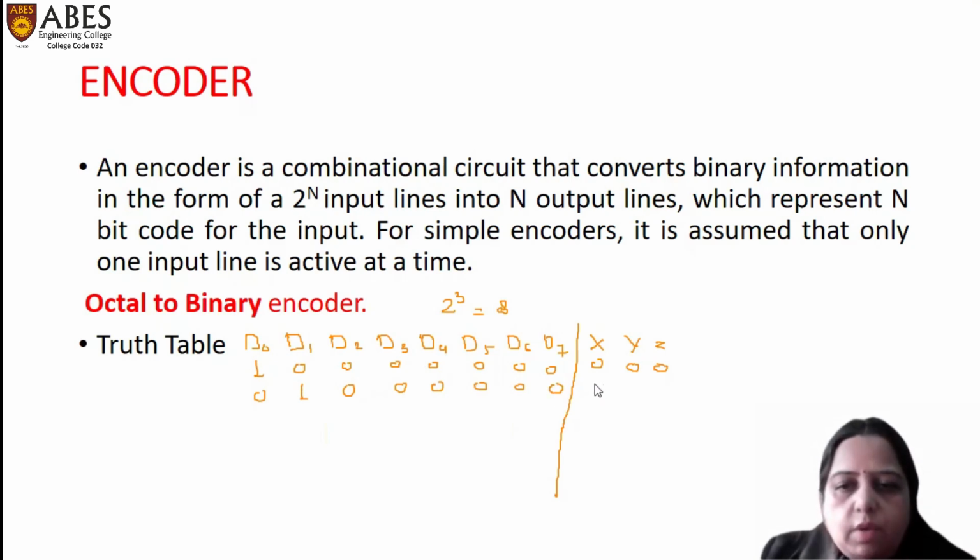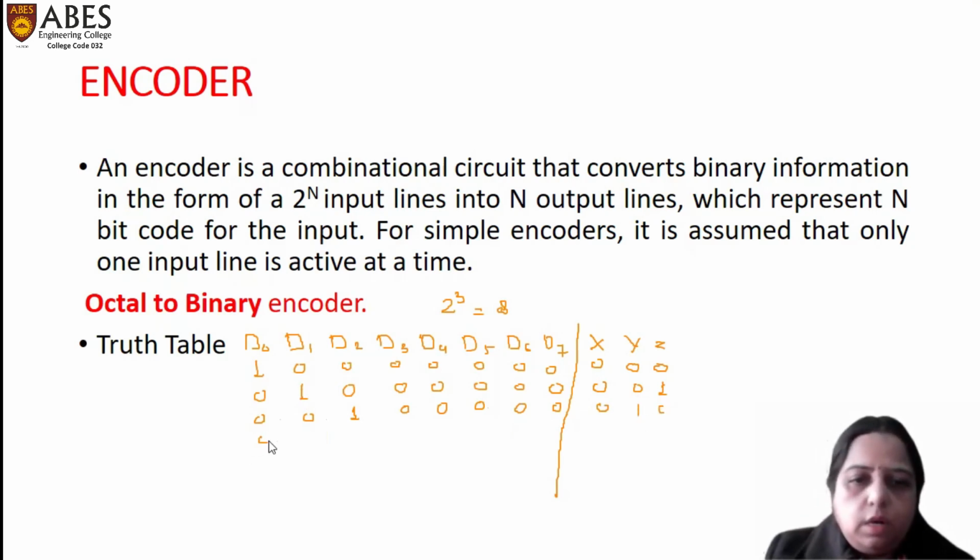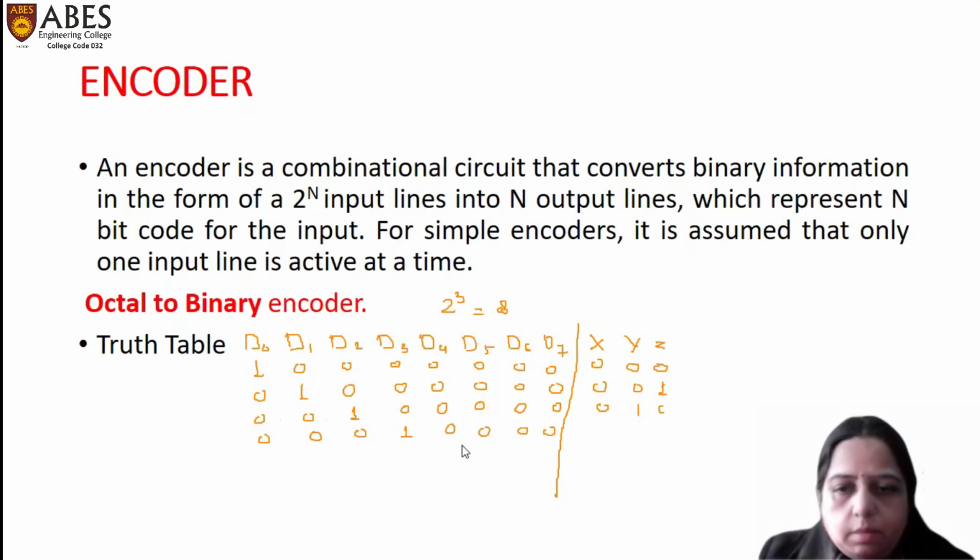For XYZ, we have 0, 0, 1, which is the binary equivalent of 1. Then D2 is 1, and the binary equivalent of decimal 2 is 0, 1, 0. Then for the third case, D3 is 1, and the output is 0, 1, 1.